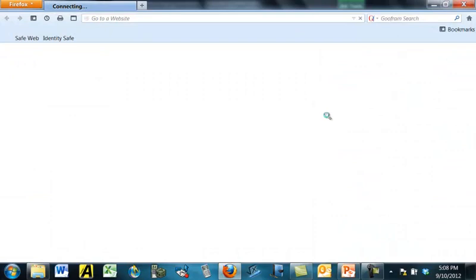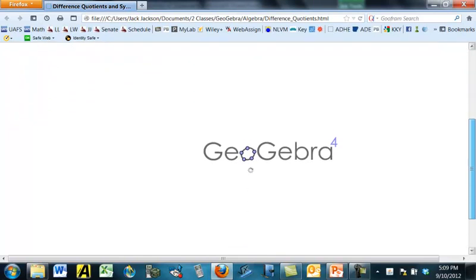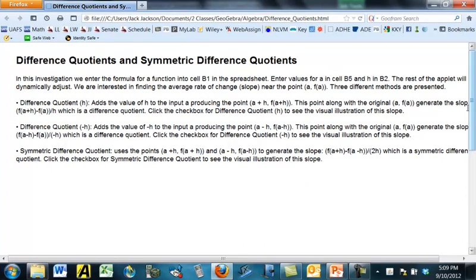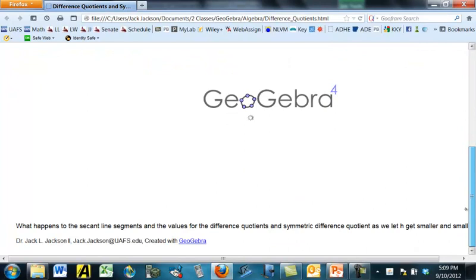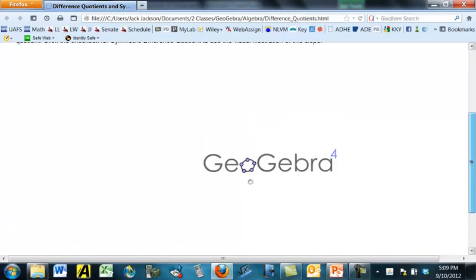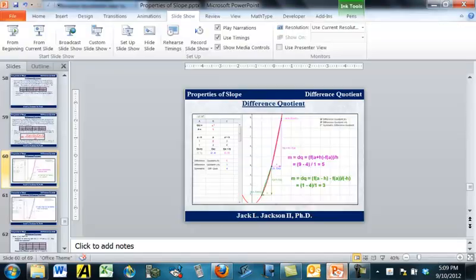And when you open it, I'll post this to our Blackboard site as well, so that you can get into this. Hopefully this is going to load up. At the top there are some directions, and at the bottom there's a question to ask. But in the middle we should have our GeoGebra investigation pull up in just a minute. It should end up looking like this particular setup here.